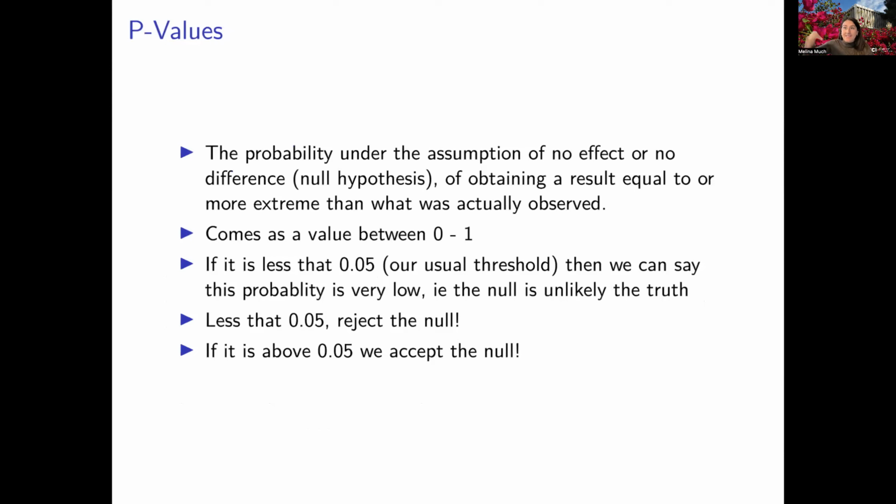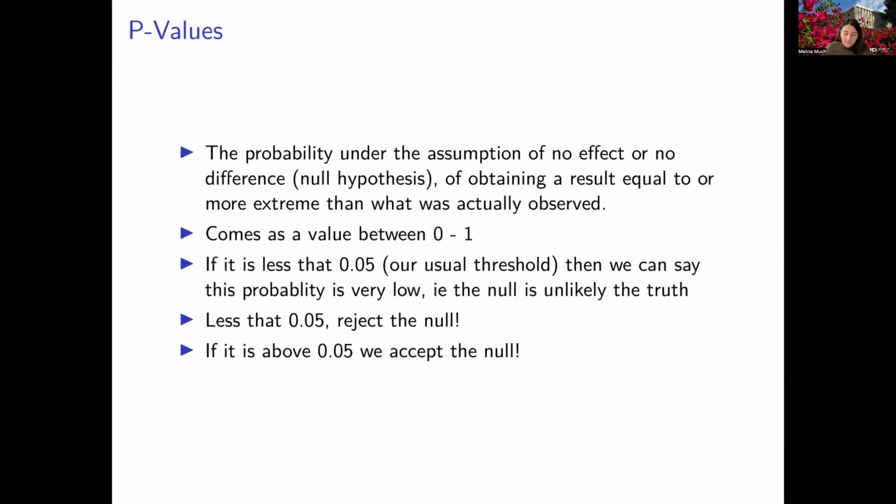So the definition of a p-value is the probability, under the assumption of no effect or no difference, so the probability under the assumption that the null hypothesis is true, of obtaining a result equal to or more extreme than what is actually observed. It's going to come as a value between 0 and 1. And then our threshold for statistical significance is going to be 0.05.